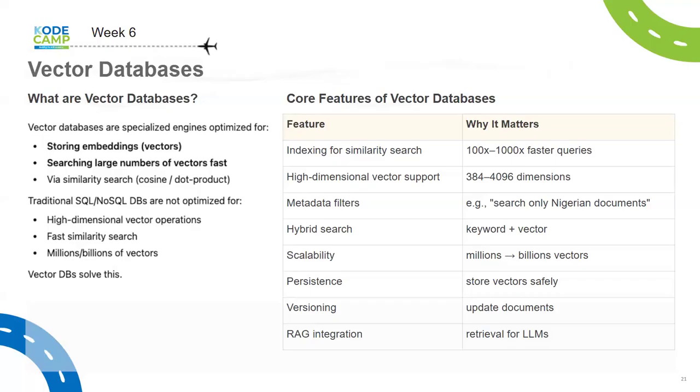And sometimes you can have millions to billions of vectors in a database, and that's where vector databases shine. So the features of vector databases are, one, indexing for similarity search. Indexing for similarity search makes the database 100 times to 1,000 times faster when you want to run queries.